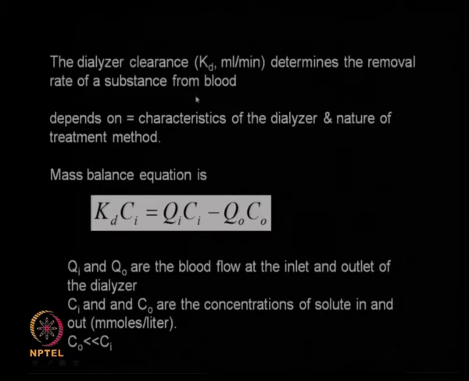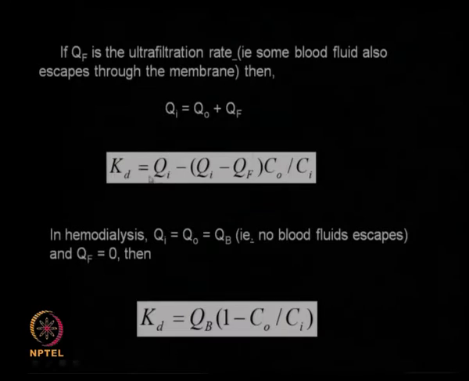Dialyzer clearance, the removal rate of a substance from blood, is given by Qi, the blood flow into the dialyzer. Q naught is the blood flow leaving, Qf is the blood escaping through the dialyzer.